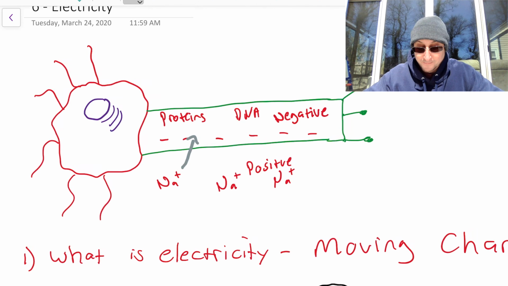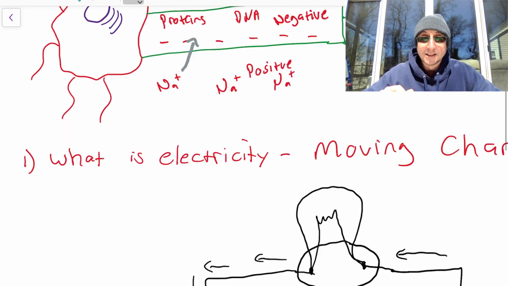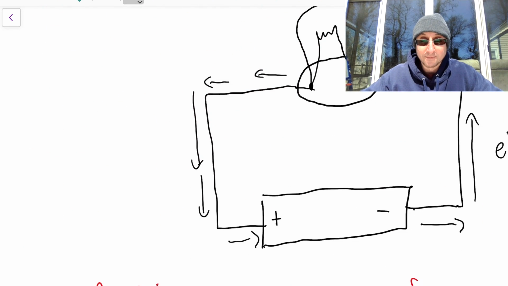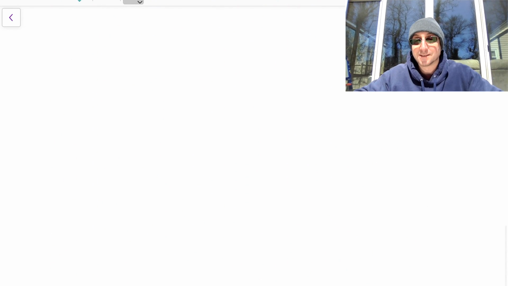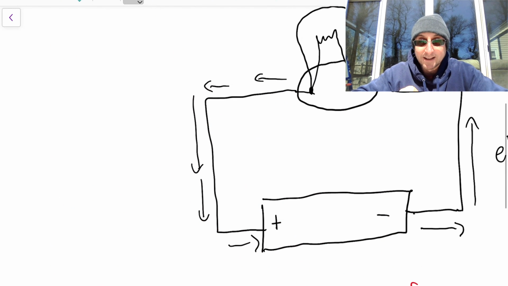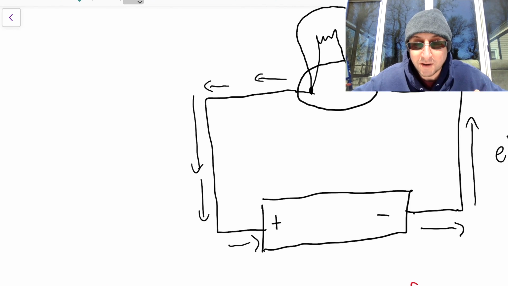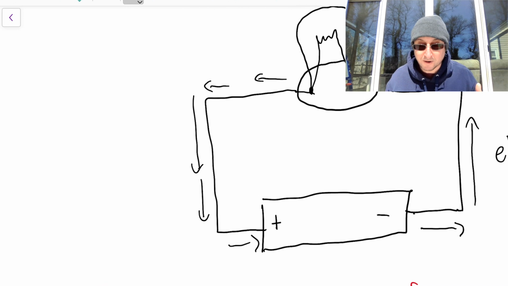We could do that. Now, the next lesson that I'm going to do, which is going to be right after this, we're going to talk about how we set up that membrane potential. In other words, how do we keep the inside of the neuron negative and the outside positive when all those sodiums want to rush in because opposites attract in electricity, right?